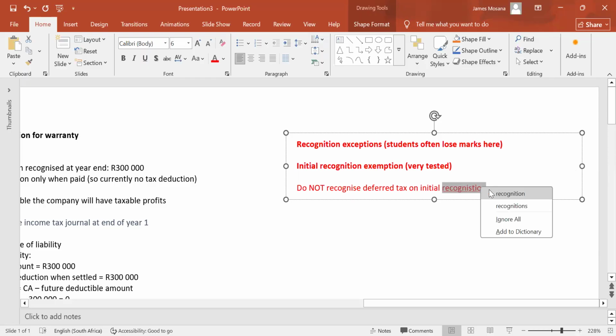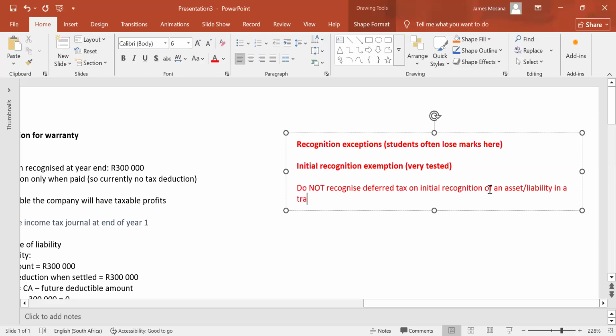You do not recognize deferred tax on initial recognition of an asset or liability.